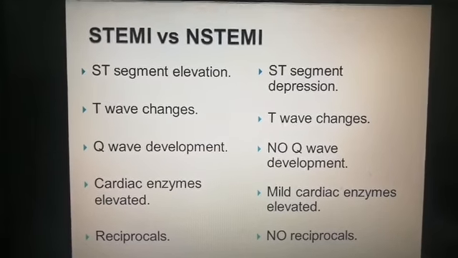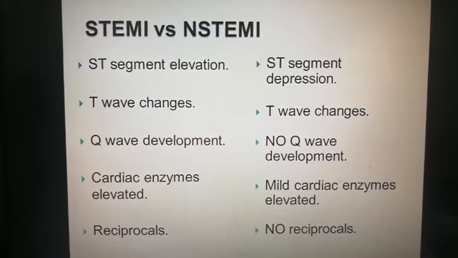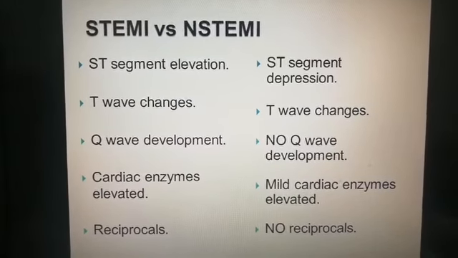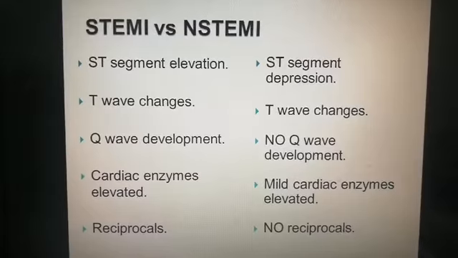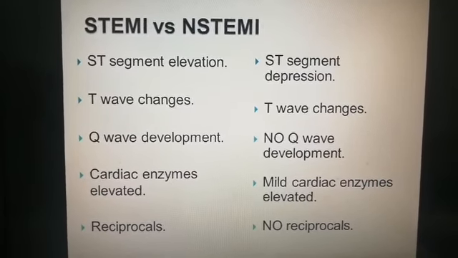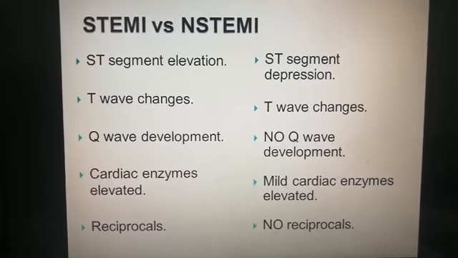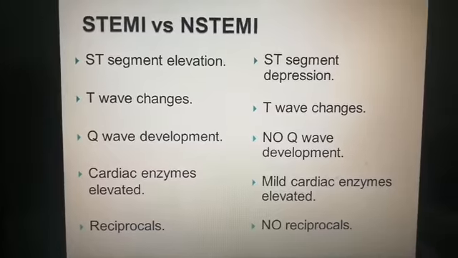Q wave development in STEMI, and no Q wave development in NSTEMI. I will discuss in the coming slides how the Q wave develops. Cardiac enzymes are elevated in STEMI, mildly elevated in NSTEMI. These cardiac enzymes are also discussed in the diagnosis of MI.